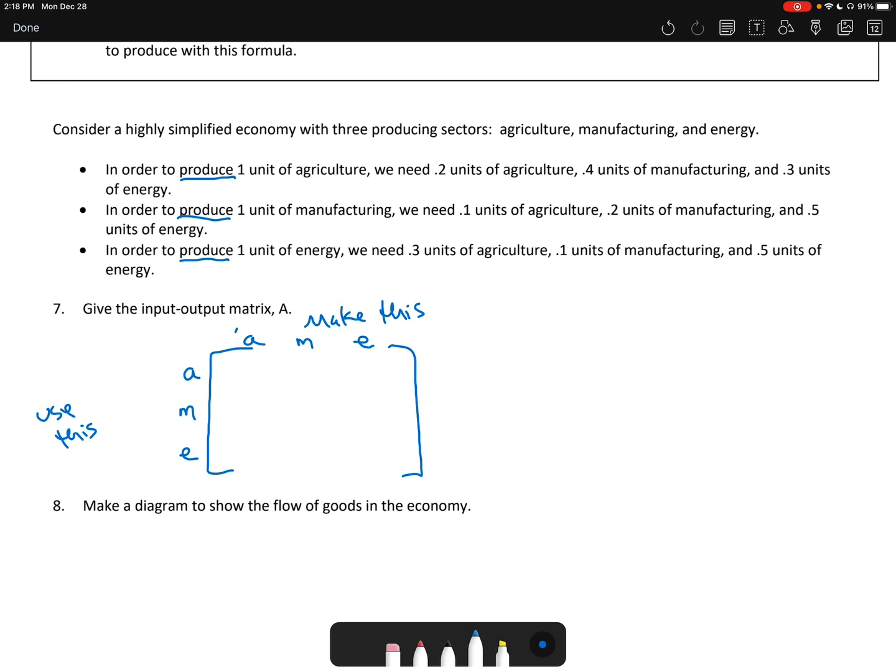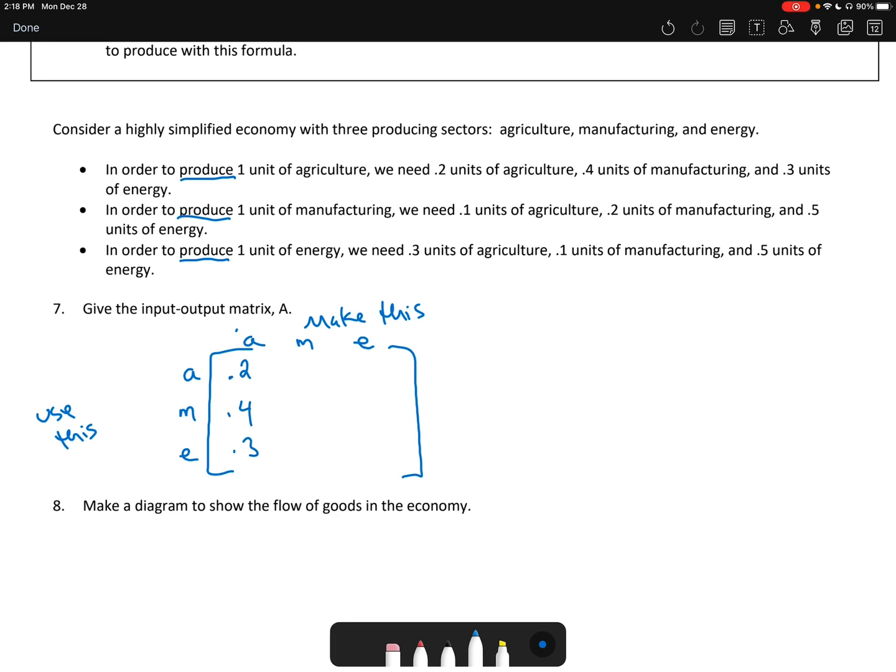So when we're producing agriculture, that's the column agriculture. That's what we're making. To produce 1 unit, how much do we need? We need 0.2 units of agriculture, 0.4 units of manufacturing, and 0.3 units of energy.